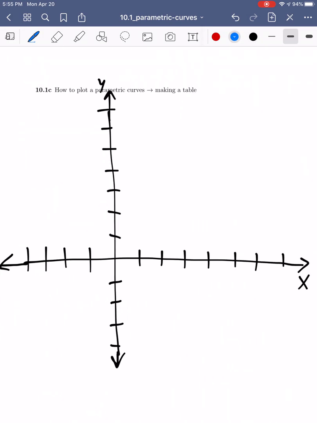So when t is equal to negative 2, x equals 1, and our y then is minus 3. So we're over here. So this is our point, 1, minus 3, and that corresponds to when t was minus 2.